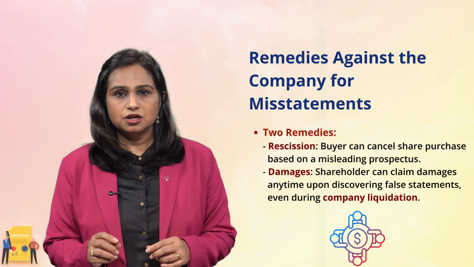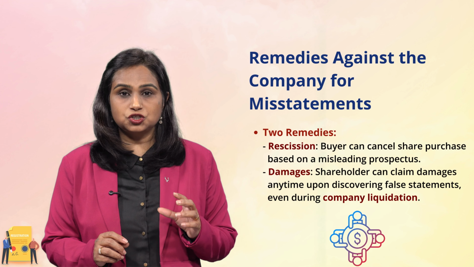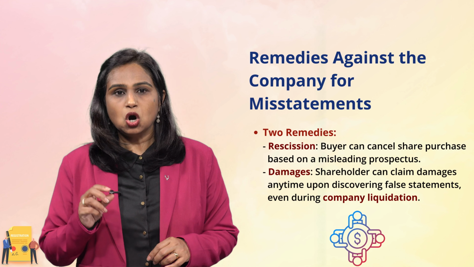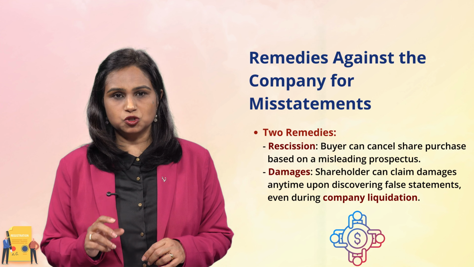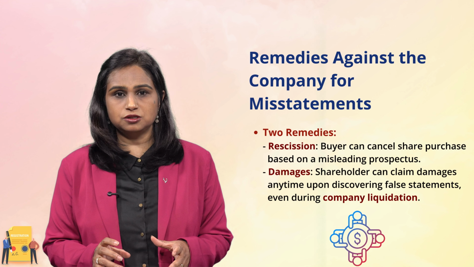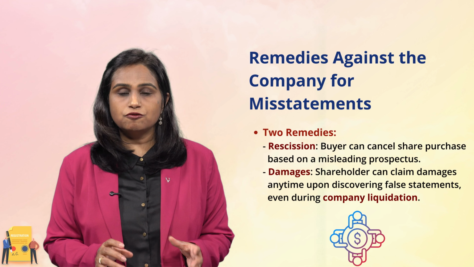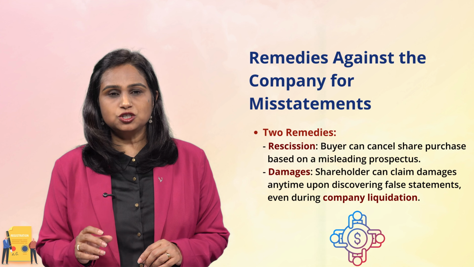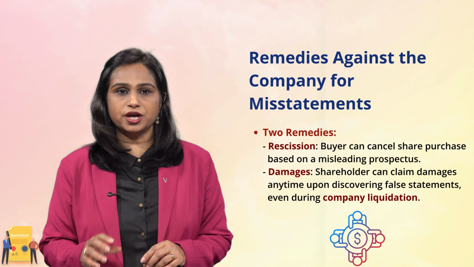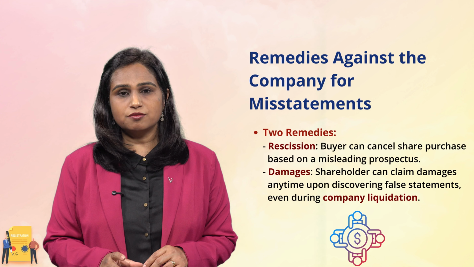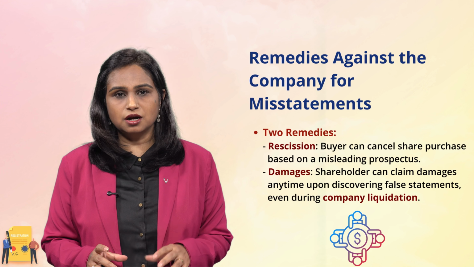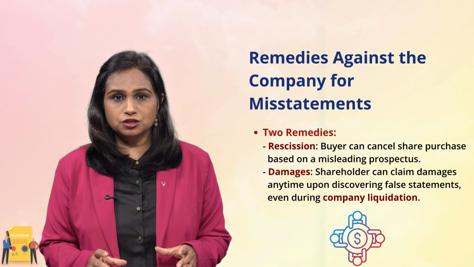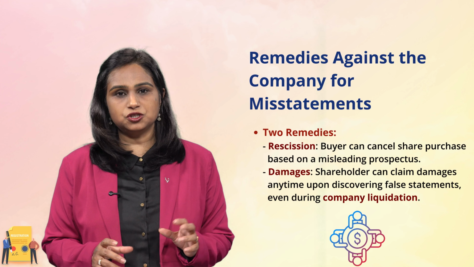Rescission means a person who had purchased shares from the company on the basis of a misleading prospectus or untrue prospectus can apply to court for rescission. Rescission will give the buyer a right to cancel the purchase of the shares. The second remedy available against the company is right of action for claiming damages.